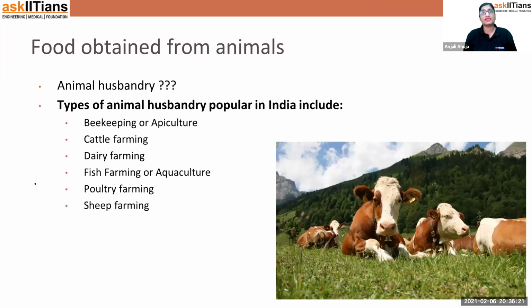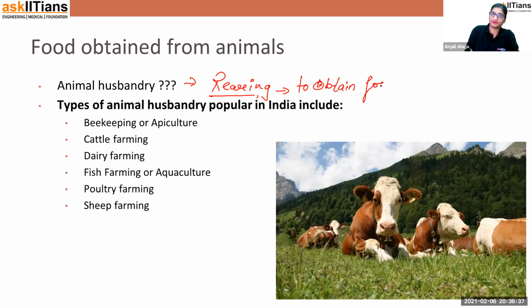Animal husbandry means taking care of the animals, rearing the animal for our own benefit, to obtain any kind of product. Now, guys, there are different branches of animal husbandry.